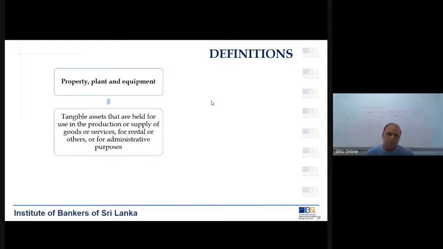So in order to provide a service, in order to produce a good, if you are using those types of assets, then they are known as property, plant and equipment. So how can we call an asset property, plant and equipment? It has to be a tangible asset, number one. Then it has to be used for producing or supplying goods or services.